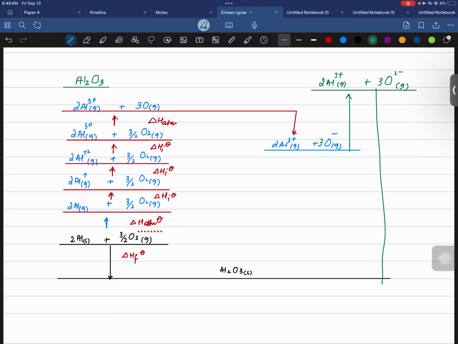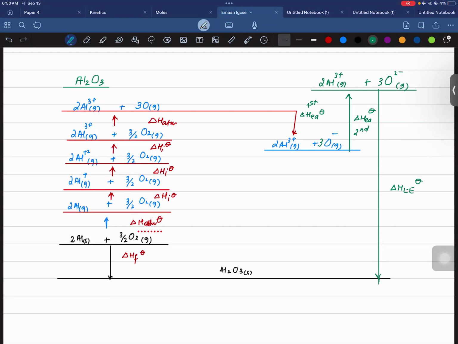Then this is the lattice energy. This is the second electron affinity. This was the first electron affinity. Okay. This is quite a tricky Born-Haber cycle, right?